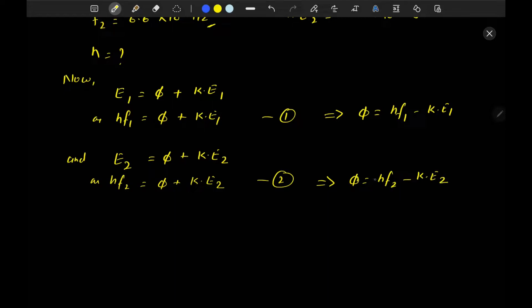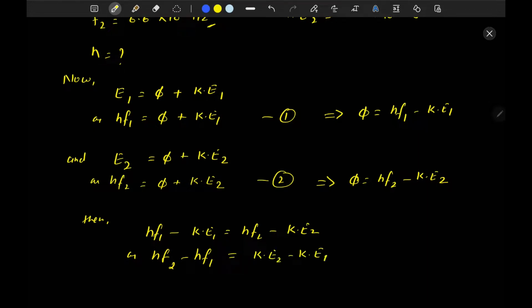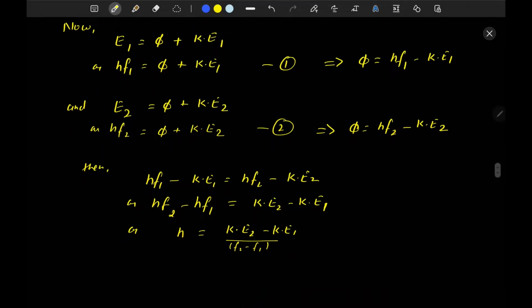Since phi is the same in both cases, we can write hf1 minus KE1 is equal to hf2 minus KE2, or hf2 minus hf1 can be written as KE2 minus KE1. We need to calculate the Planck constant, so this comes to be h = (KE2 minus KE1) / (f2 minus f1).